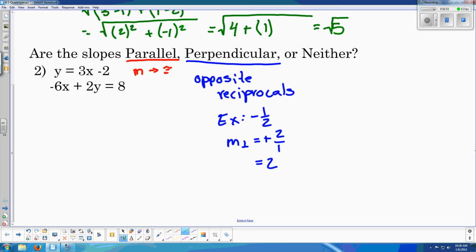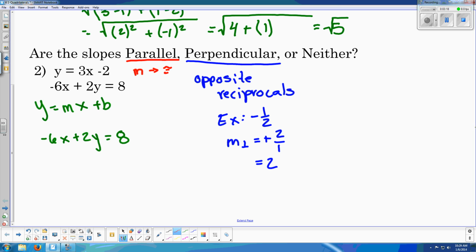Now, what we need to do is put both of these equations in slope-intercept form. Slope-intercept form, as we all know, is y equals mx plus b. This one is already magically in y equals mx plus b, so now I just need to put this one there. So the first thing I need to do is I have negative 6x plus 2y equals 8. I need to get rid of my negative 6x because I want y by itself ultimately.